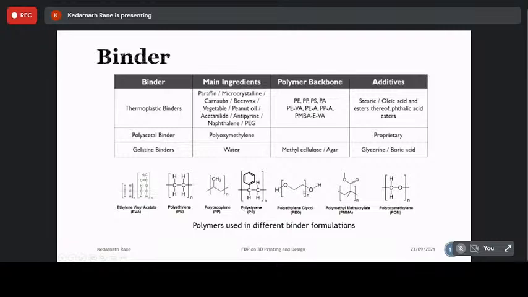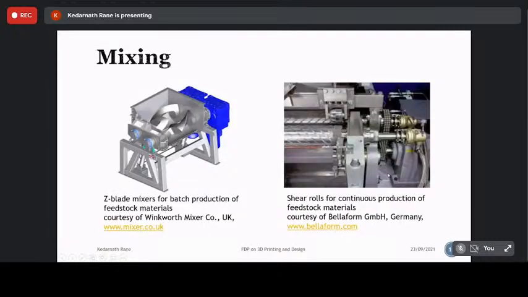Again, when it comes to this kind of system, you need to choose a special kind of debinding system for different kinds of polymers, which we will see in coming slides. Once you are ready with polymers as well as metal powders, we need to mix them as per the previous animation.